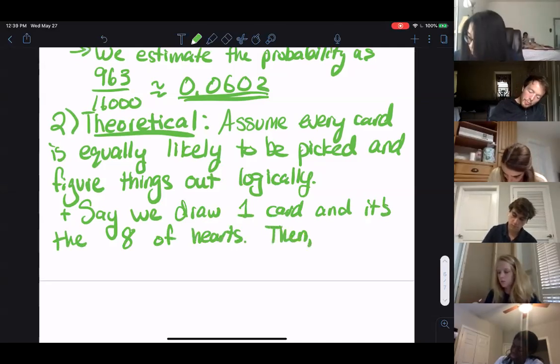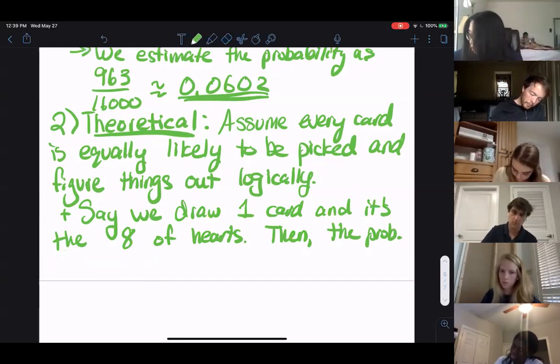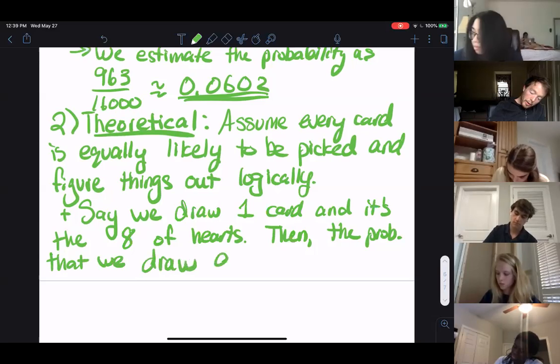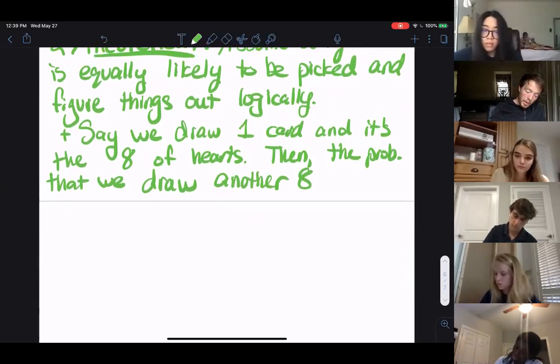Then the probability of me, did I say you? Yeah, we. The probability that we draw another 8, again, assuming that all possible cards are equally likely to be drawn, is just 3 over 51.